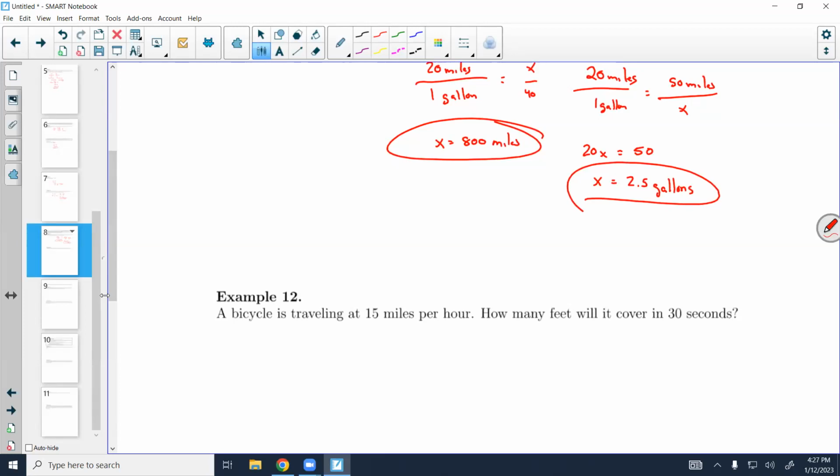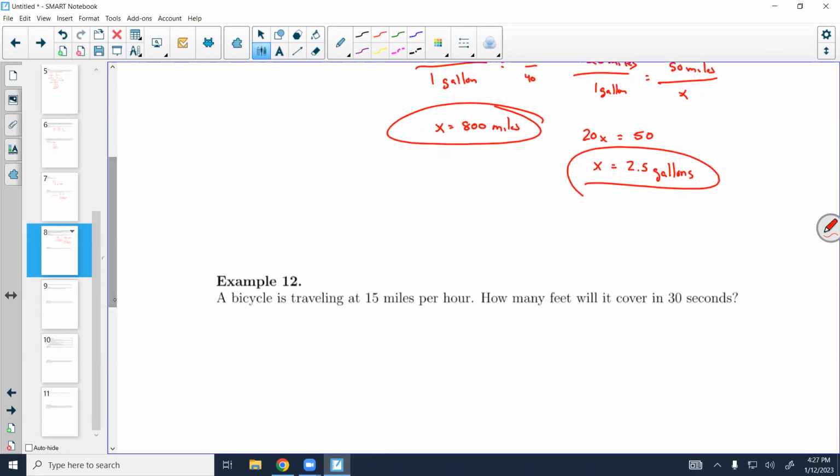A bicycle is traveling at 15 miles per hour. How many feet will it cover in 30 seconds? So we have 15 miles in 1 hour. Now, one thing I need to do is get this to seconds.